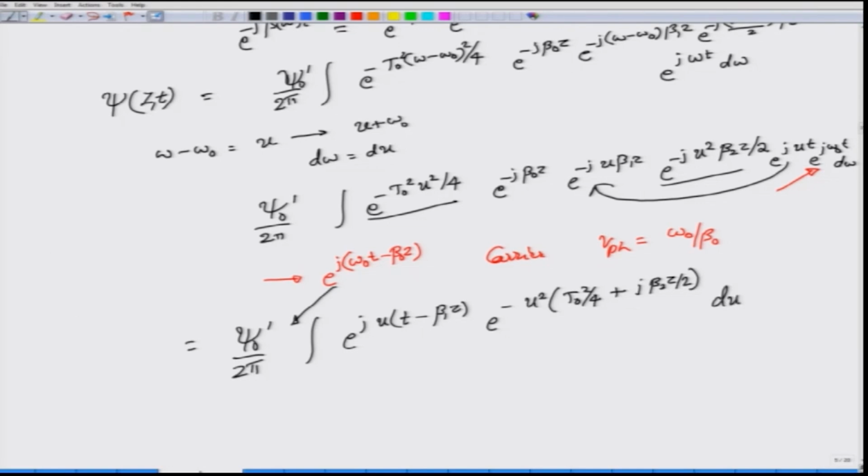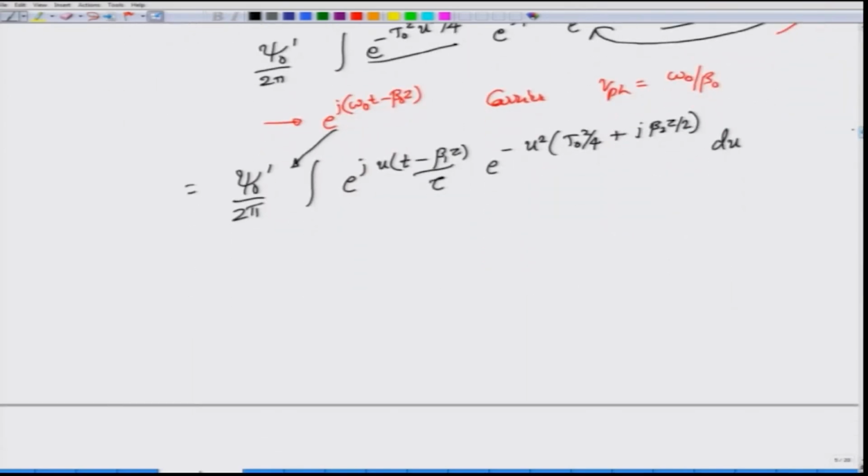Now, t minus beta 1 z is the only place where the t term is there. So, I can write this t minus beta 1 z as some tau. Finally, the function would be with respect to tau, so instead of time it would be tau, which is given by t minus beta 1 z.